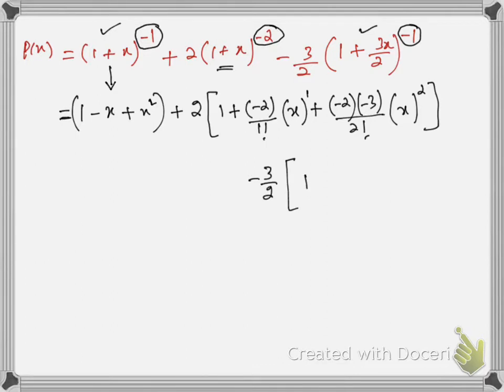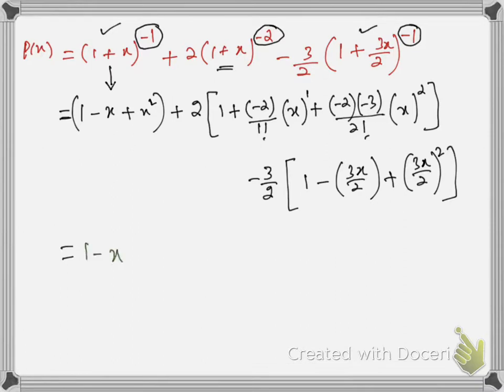So it would become 1 minus 3x upon 2 plus 3x upon 2 squared. The signs should be in alternate way. So we have expanded all three expansions. Now we just need to simplify them, but simplify them with care. Do this carefully.